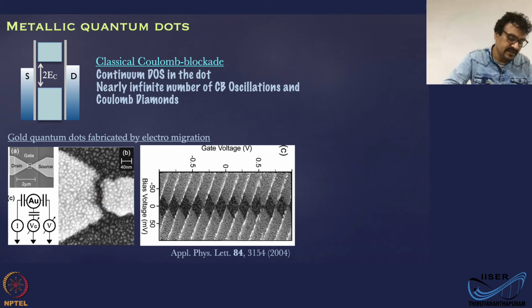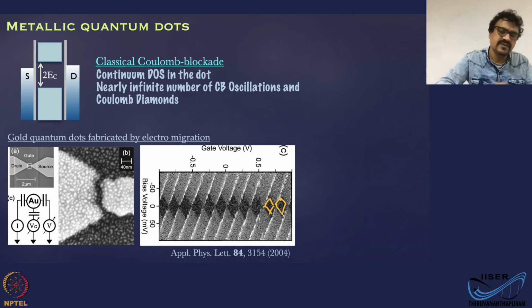They varied the source drain bias and also the gate voltage, and they observed diamond shaped regions like this, a series of diamonds. This is the behavior when you have a metallic quantum dot.